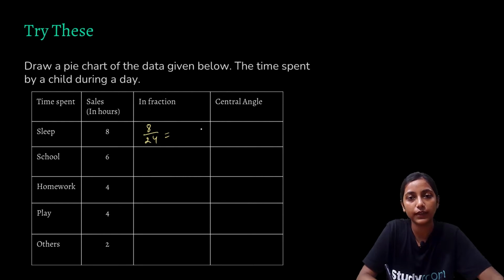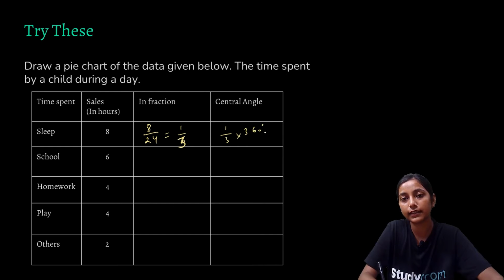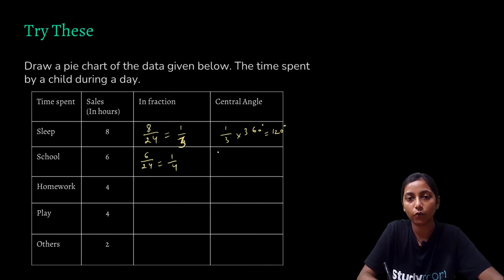So 8 by 24 is going to be 1 by 3. Now 1 by 3 of the central angle, again 360 degrees, is going to be 120 degrees. Next is 6 by 24, that is 1 by 4. Now 1 by 4 of 360 degrees is 90 degrees.